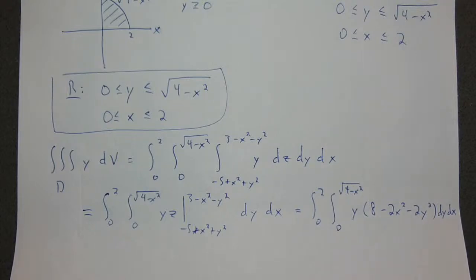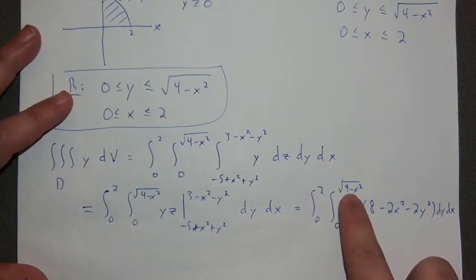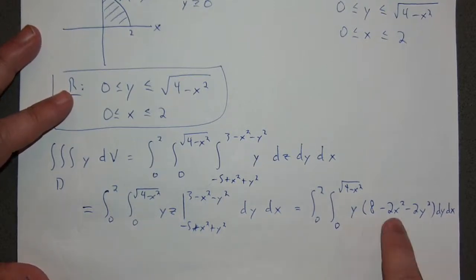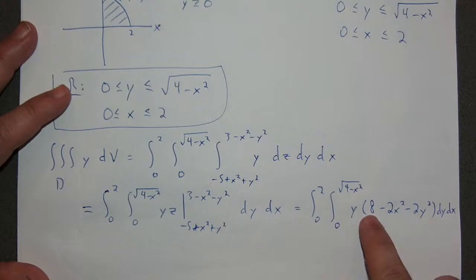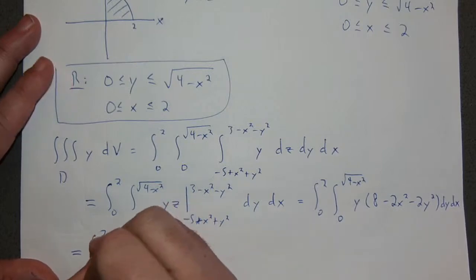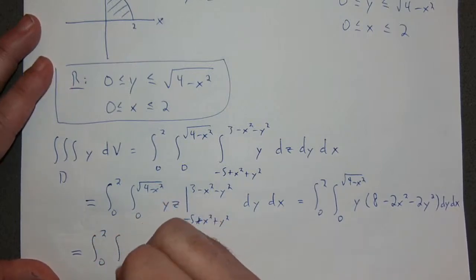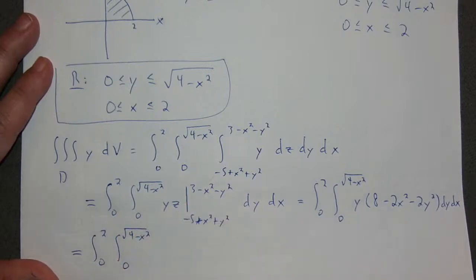So let's see here. What next? Let's be careful here, looking ahead a little bit. There's an easy way I could group these that is going to make my life easier. So let's do it like this. Let's say this is the integral from 0 to 2, the integral from 0 to square root of 4 minus x squared.